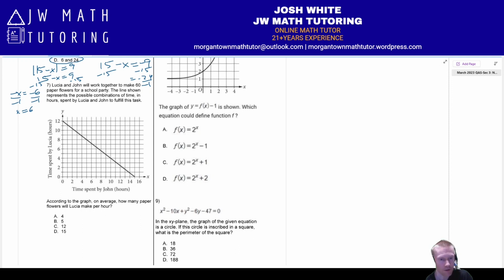So what you have to realize is that at this point right here, the y-intercept, where Lucia spends 12 hours, the total made between them would represent 60 flowers, because every point on this line represents a possible combination of hours to make 60. If you do 60 flowers divided by the 12 hours she works alone, she would be making 5 flowers per hour. So the correct answer is going to be letter B, 5.